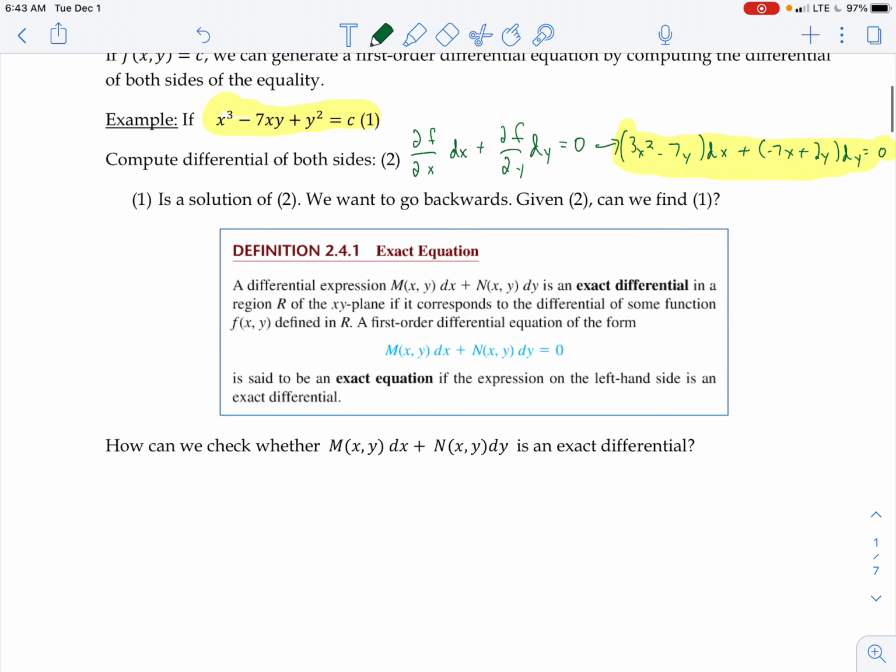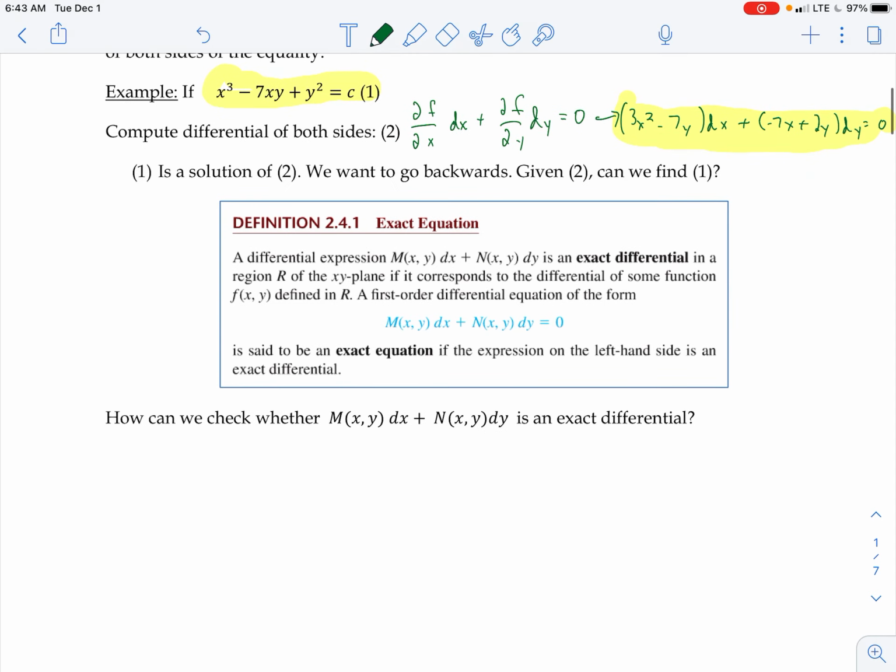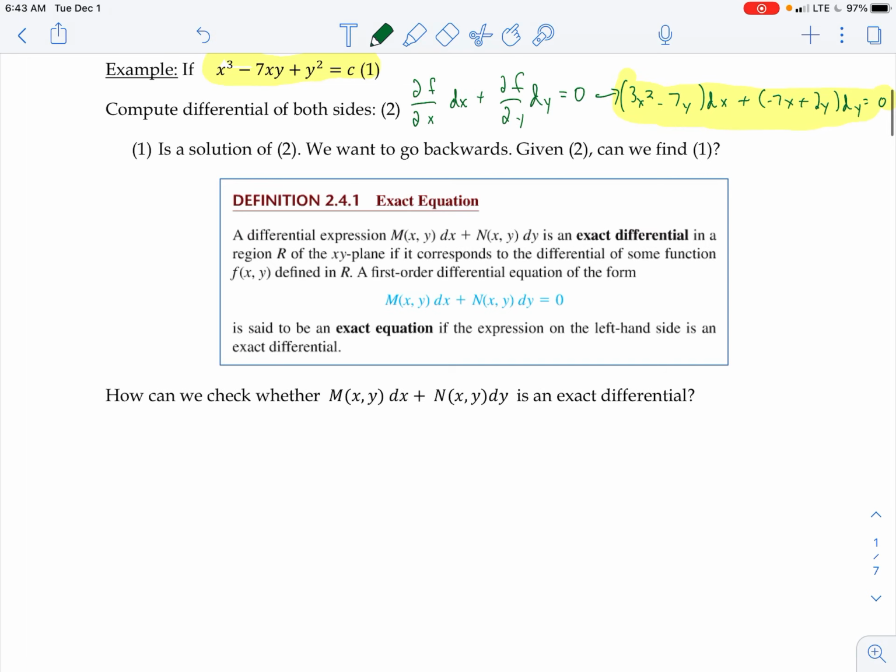So, an exact equation. A differential expression M of x y dx plus N of x y dy is an exact differential in a region R of the xy plane if it corresponds to the differential of some function f of x y defined in R. A first-order differential equation of the form M of x y dx plus N of x y dy equals 0 is said to be an exact equation if the expression on the left-hand side is an exact differential.